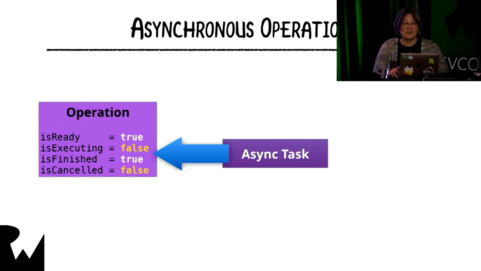And when it finishes, then it has to come back and say is finished is true, is executing is false. So we can't do this directly because the operation state properties are read-only, but they are KVO compliant. And so we're going to be setting up async operation so that we trigger KVO notifications.